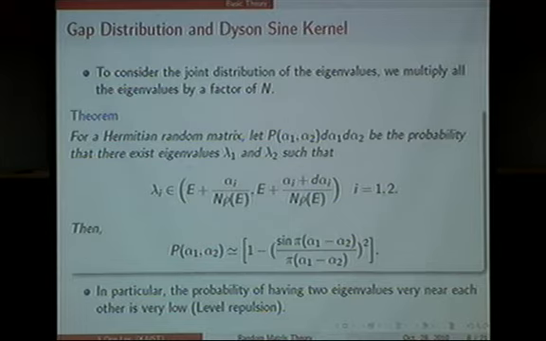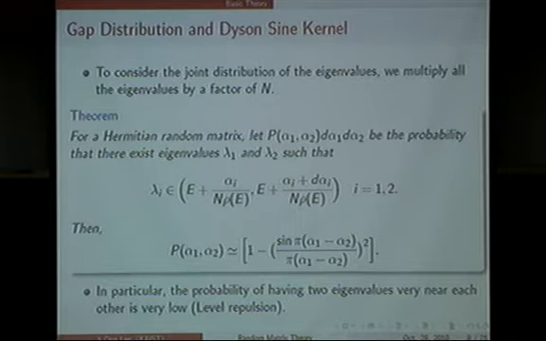The level is like the energy level in quantum mechanics. In mathematical physics, people consider these eigenvalues as different energy levels. And this says that if you have two eigenvalues, they cannot be very close to each other. In the language of energy, two different energy levels cannot be close to each other.